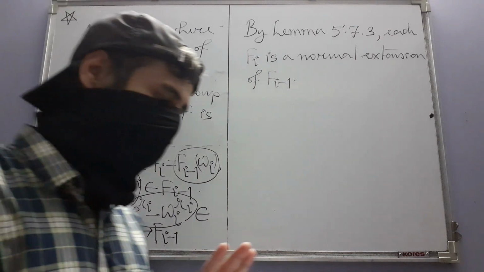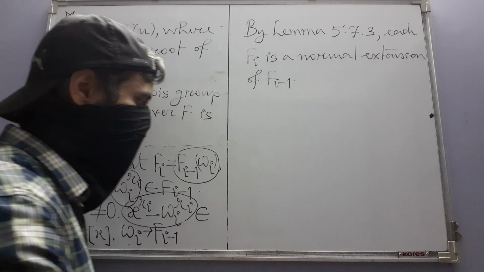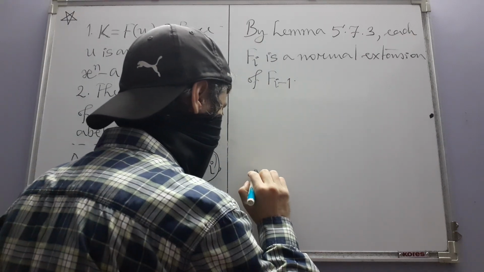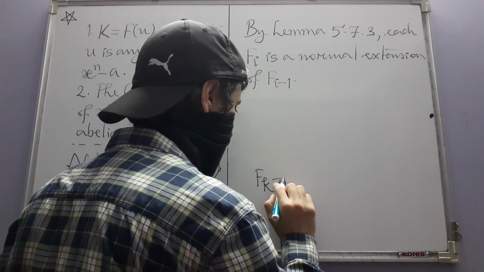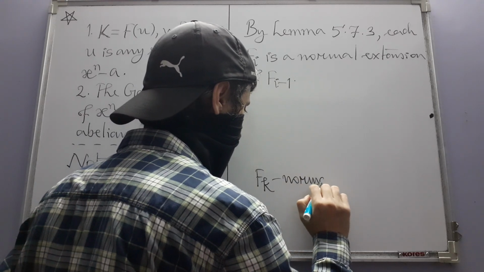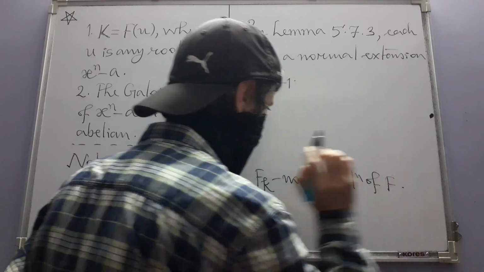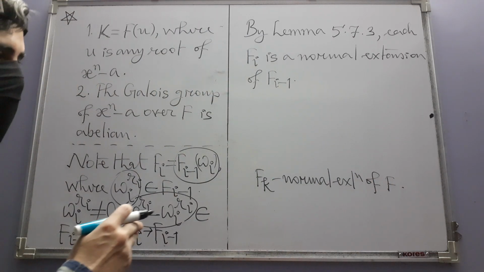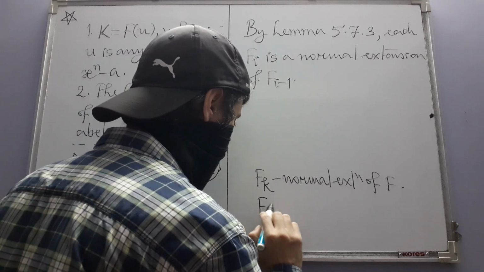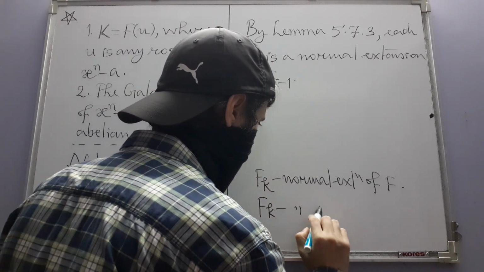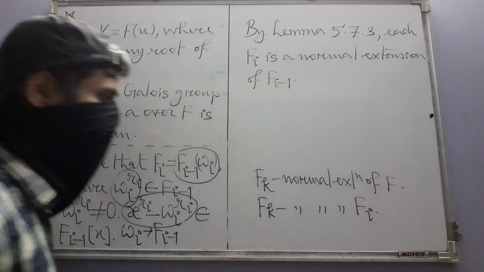Now, I think I myself have got a little confused. See, we first of all did what? Our assumption was that F_k is a normal extension of F. So it will also be a normal extension of the intermediate fields. That means F_k is a normal extension of each F_i.